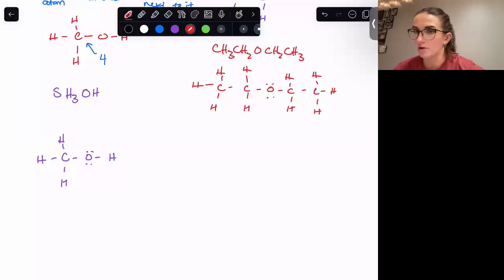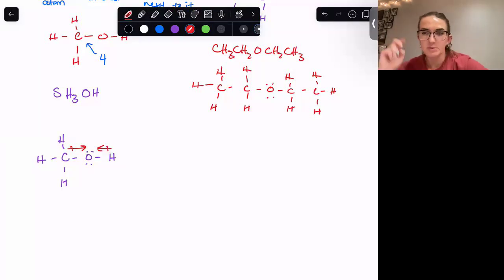Yep, where are our polar bonds? So C to O is going to be polar. What is more electronegative, carbon or oxygen? Good. Anything else where we have polar bonds? Good. O to H, which one's more polar? Good.